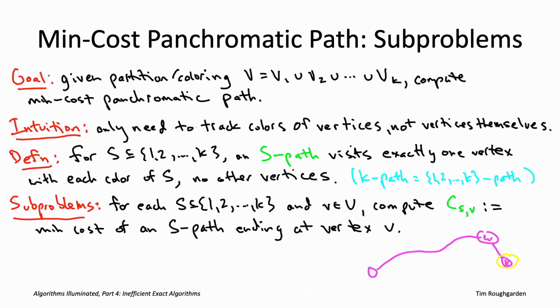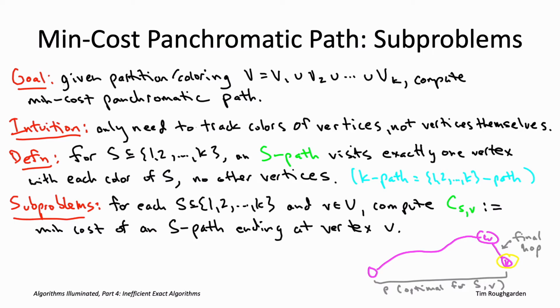So for some choice of V and some colors capital S, look at the minimum cost S path ending at the vertex V. Call that path P. As usual, we consider the final decision made by that optimal solution, so the final hop, say from some vertex W to the vertex V. What we're expecting is that once you know the final hop, once you know the penultimate vertex W, then the prefix of the path should be optimal for the appropriate smaller subproblem. And that is in fact the case for exactly the same reasons we saw in the TSP.